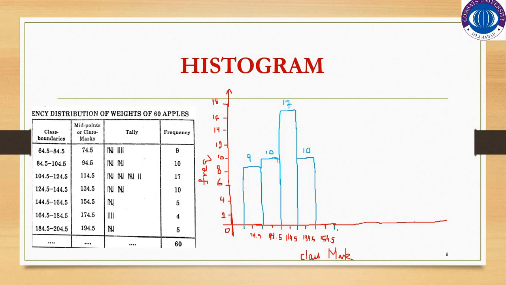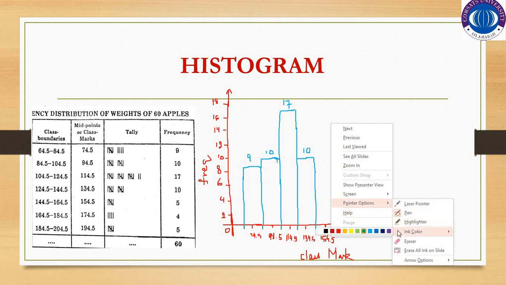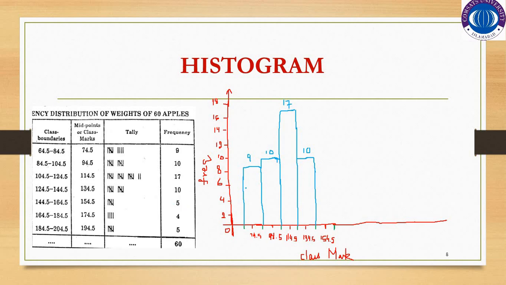I'm not marking the class boundary, I'm just changing the color. The green colors are representing the class boundary, and these in red are not marked. The frequency of this particular class is 5, so let's go to 5.